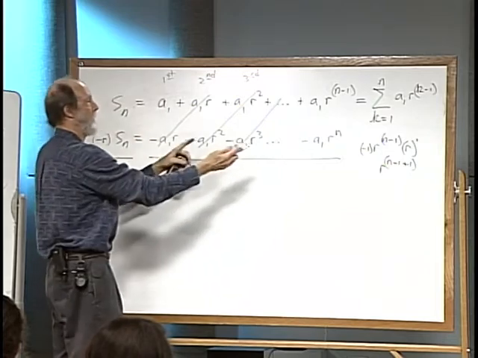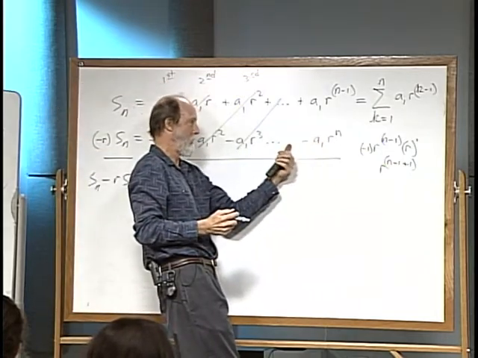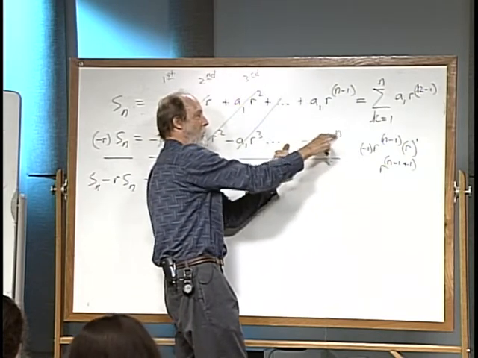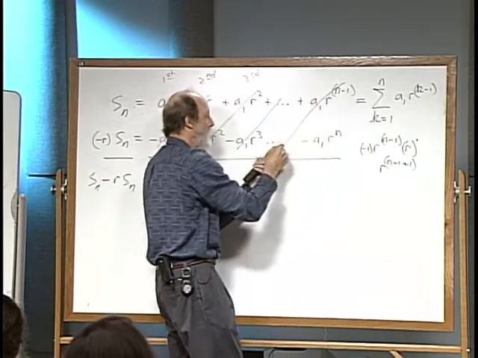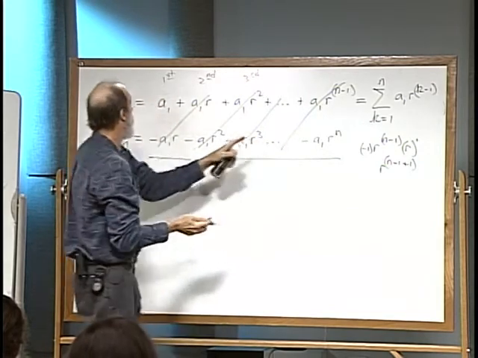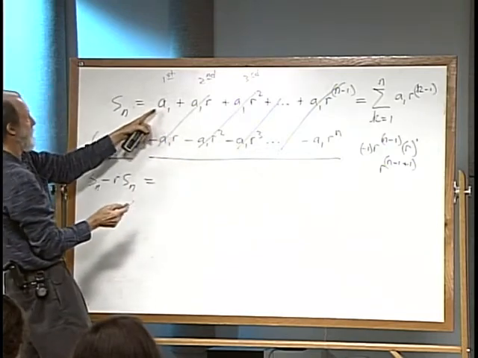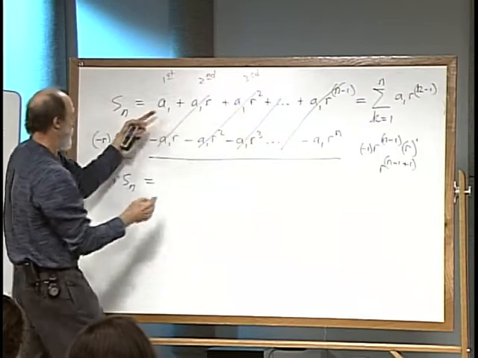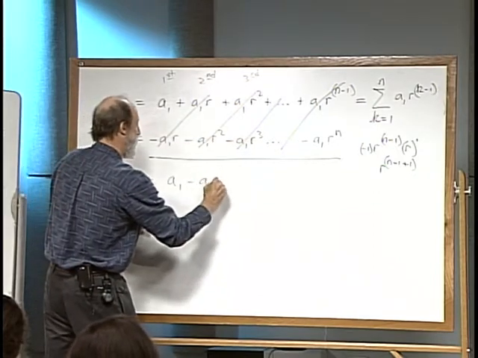All those inner terms subtract out. And a matter of fact, what's the term that's just before this, tucked in here, that I did not write? This thing, one less than that on the exponent, right? And that's going to cancel with that guy. And so what you're left with is all this stuff reduces out, and when you add this mess to this, you're left on the right side with a sub 1 minus a sub 1 r to the n.